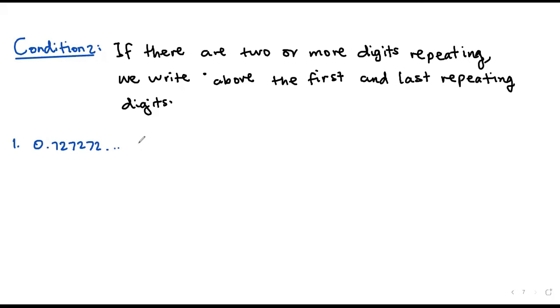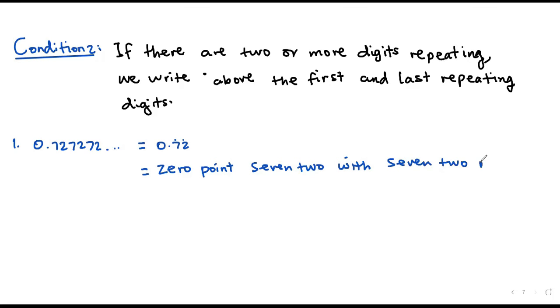So this one we are going to say we have 0.72. We write a dot on the top of 7 and a dot on top of 2. Do you understand that? Yes. We say that this is 0.72 with 7, 2 repeating.